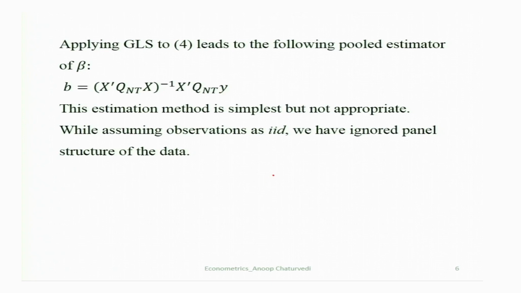So, in the model y equal to x beta plus u, if the variance covariance matrix of u is sigma square u omega, then the GLS estimator for beta is x transpose omega inverse x whole inverse x transpose omega inverse y.